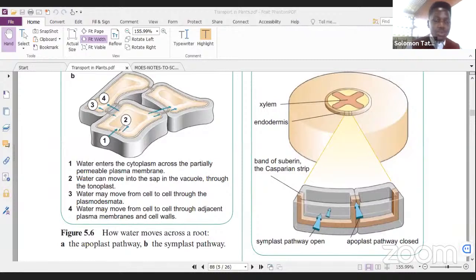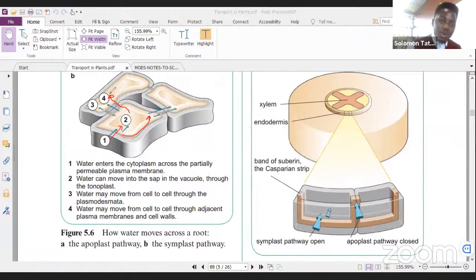Once the water gets into the root hair cell, it immediately goes into the vacuole because of the difference in water potential, not going through the cytoplasm, right? So this pathway is utilizing the vacuole. It goes through the vacuole. Now, from one vacuole to another, of course, it's going to utilize the cytoplasm and the plasmodesmata to get into the next vacuole.